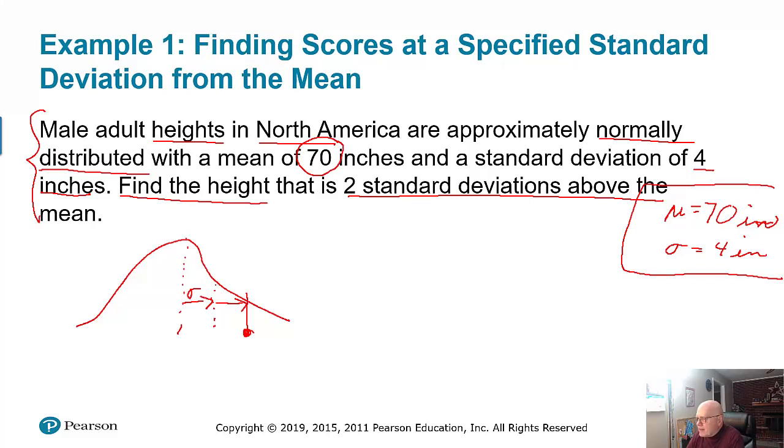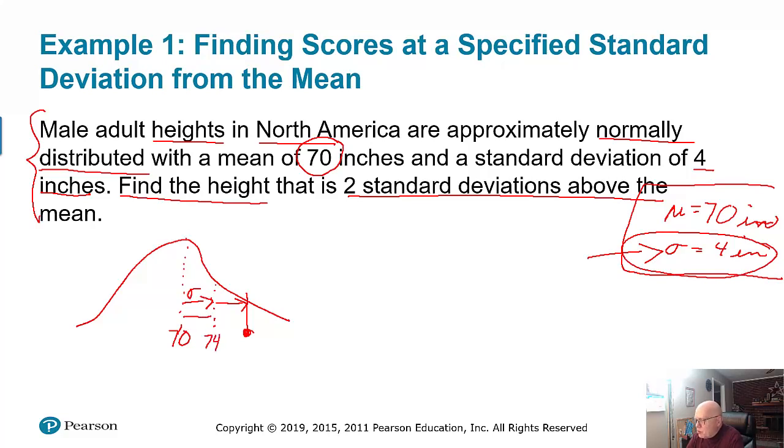Now, how big is that standard deviation? Well, look over here. This place right in the middle is the mean, where you find the mean, median, and mode. And this standard deviation is 4 inches away. So if I go this far, I'm going to get to 74.